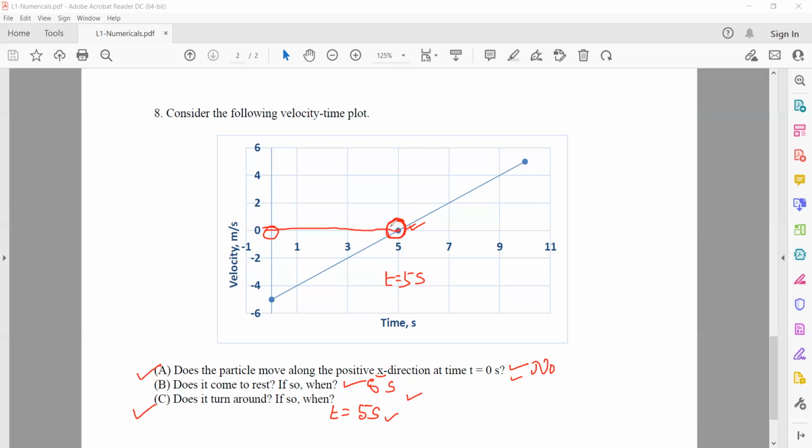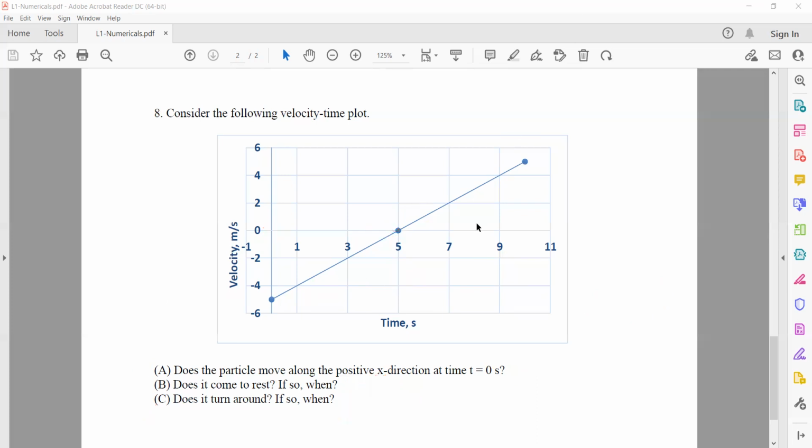Yes, because at time t equal to 5 seconds, the particle makes a transition from negative x-axis to positive x-axis. I hope you have understood all the 3 graphical problems that we have discussed so far. I'm going to remove the annotation, so pause the video for a while and watch the solution.